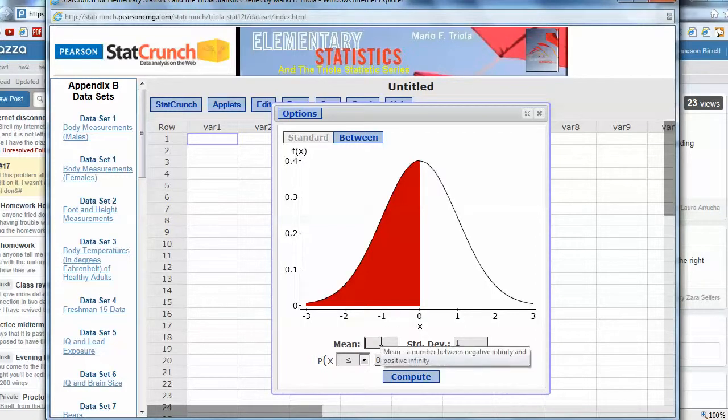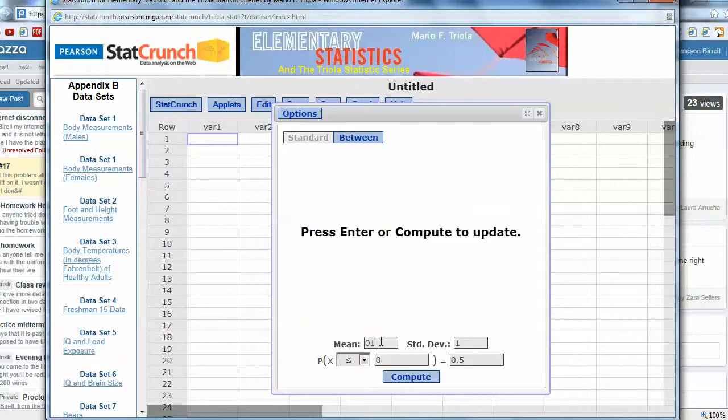I mean, it's still a normal distribution, but what I mean by whatever we want is standard or non-standard. Okay, so here's our non-standard normal distribution.